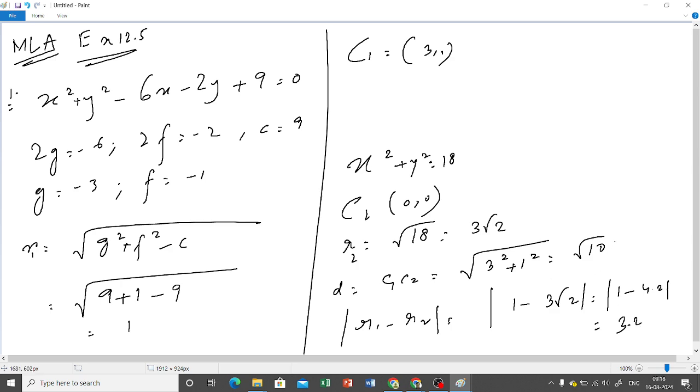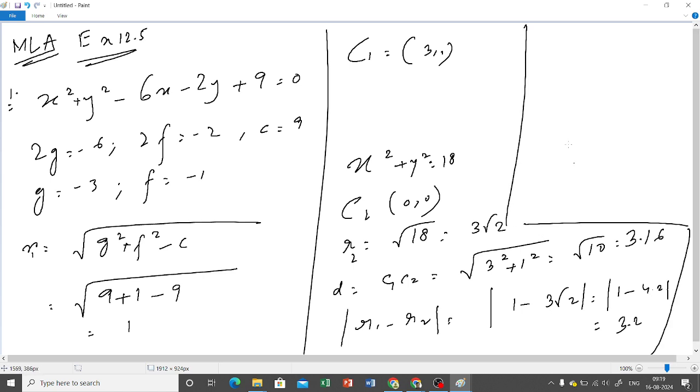And root over 10 is going to be what? Root over 10, calculate it once on the calculator, it should come to about 3.16.